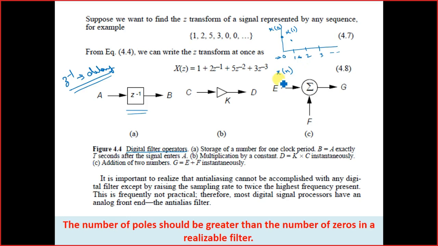So if I have this signal and I want to delay it, then what would it become? It would become x of n minus 1. Okay, so we are delaying the signal.